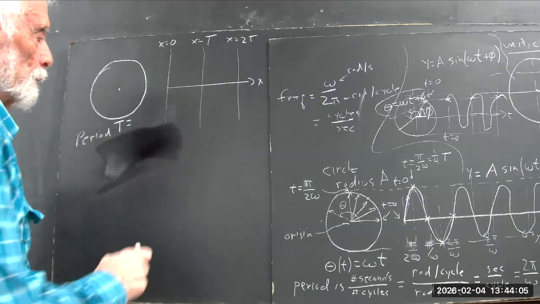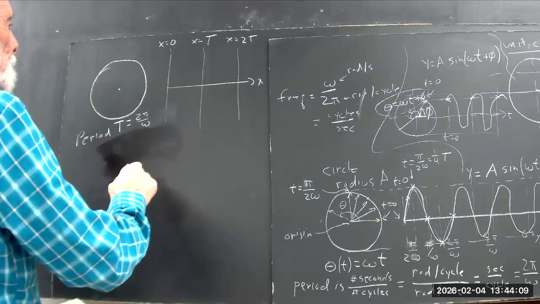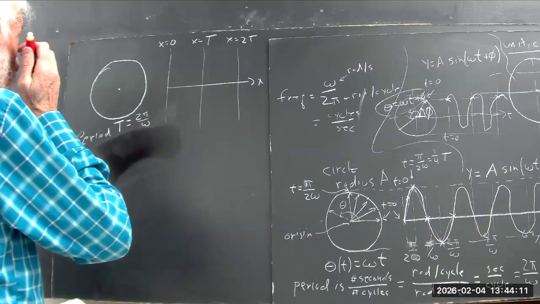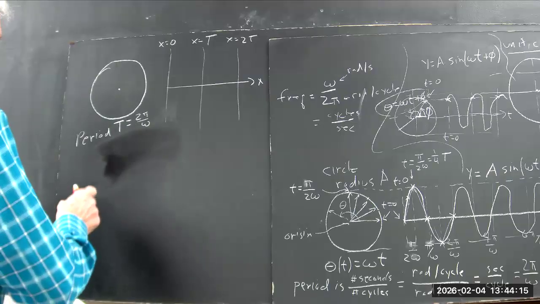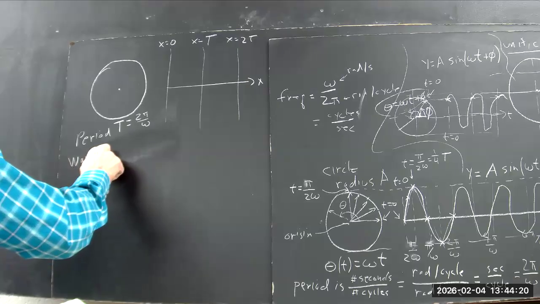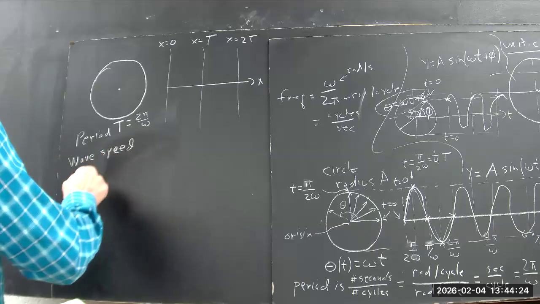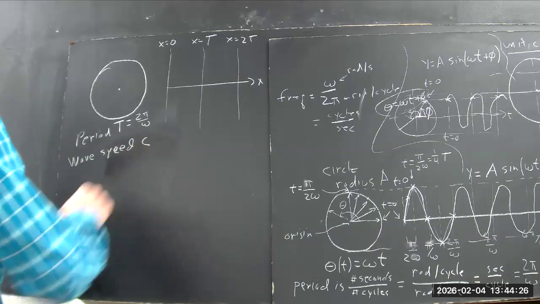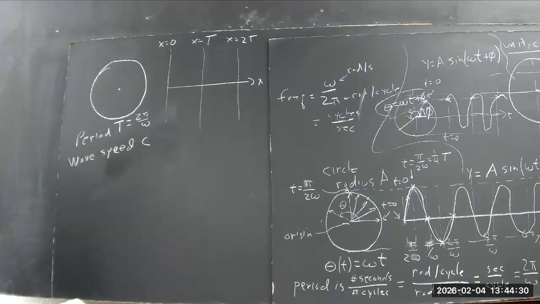For your period, T equals what? 2 pi over omega. Wave speed, we're going to call c.